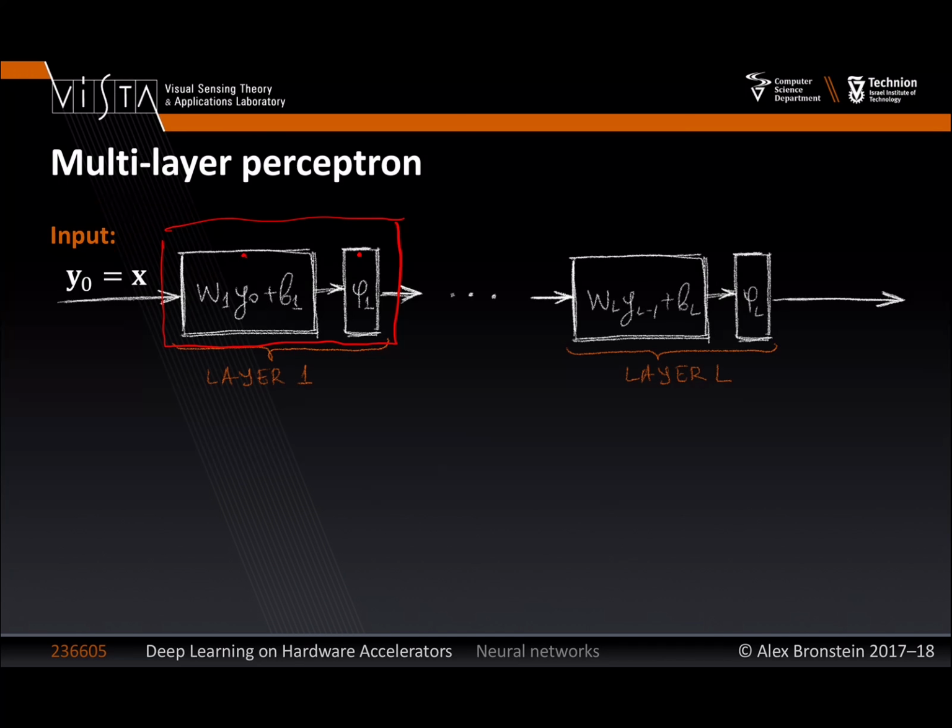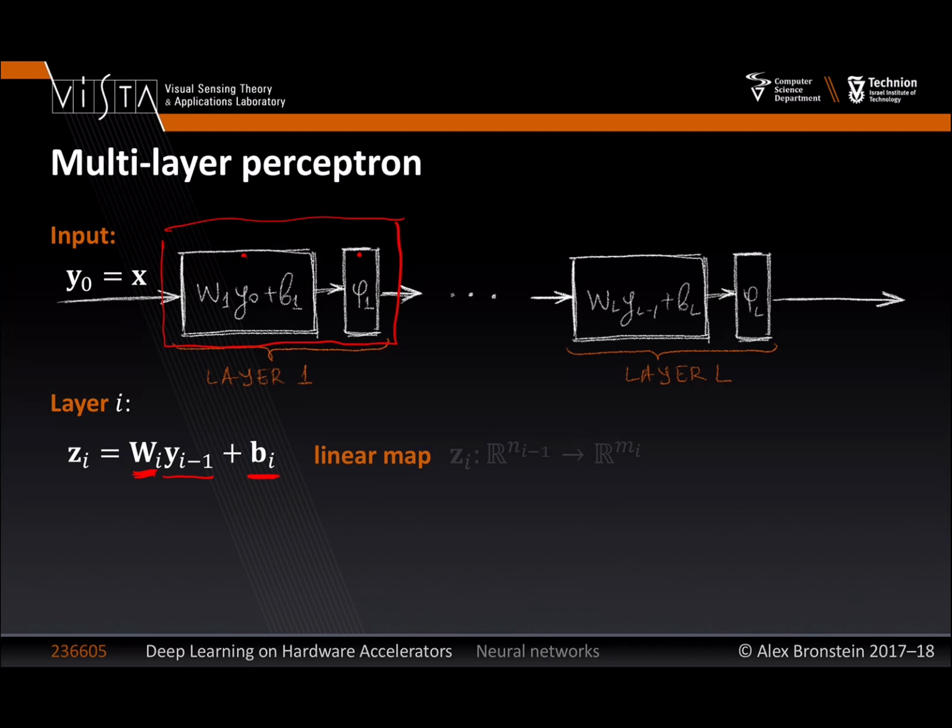The input is x, which I will call y0. At layer i, the input to the ith layer is the output of the (i minus 1)th layer, the previous layer. We transform it linearly by the matrix Wi plus some bias term bi. It's an affine transformation, and then we produce an output that is called z.